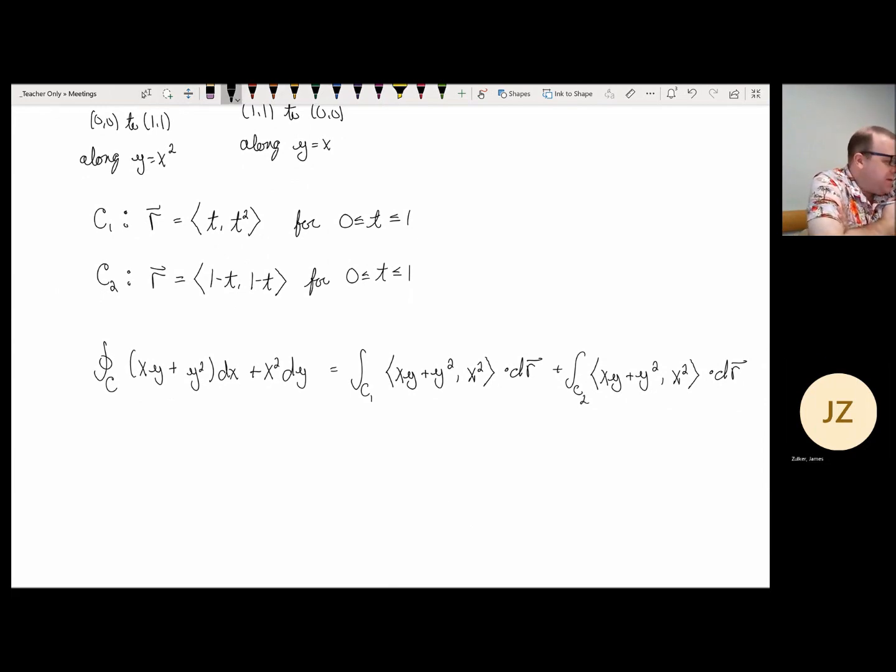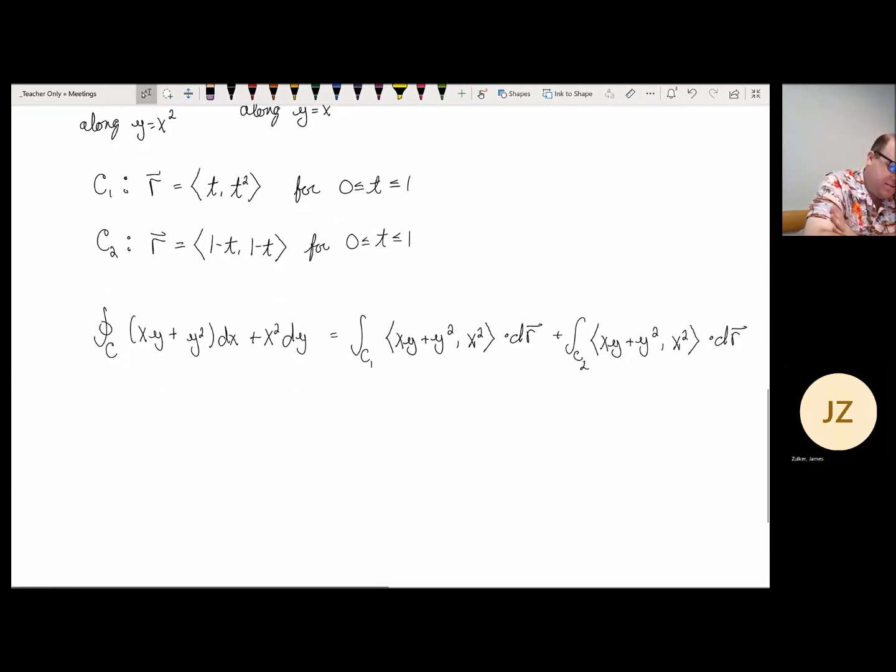Right, so remember, if you can write your path as the union of non-overlapping paths, then your path integral is just the sum of the individual path integrals. For C1, we said t is going to go 0 to 1. Evaluate the field over the parameterization.